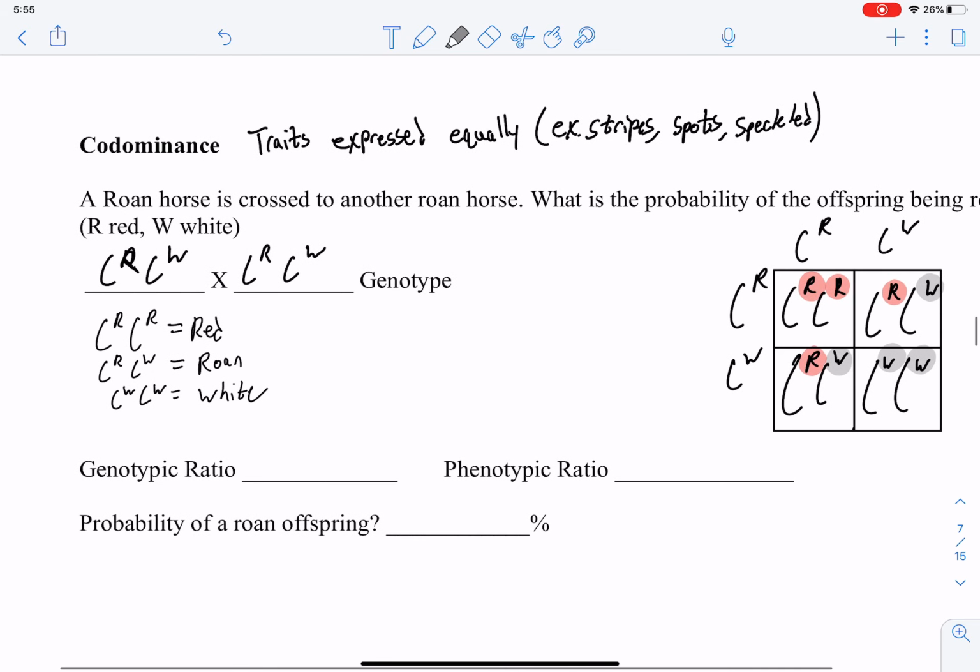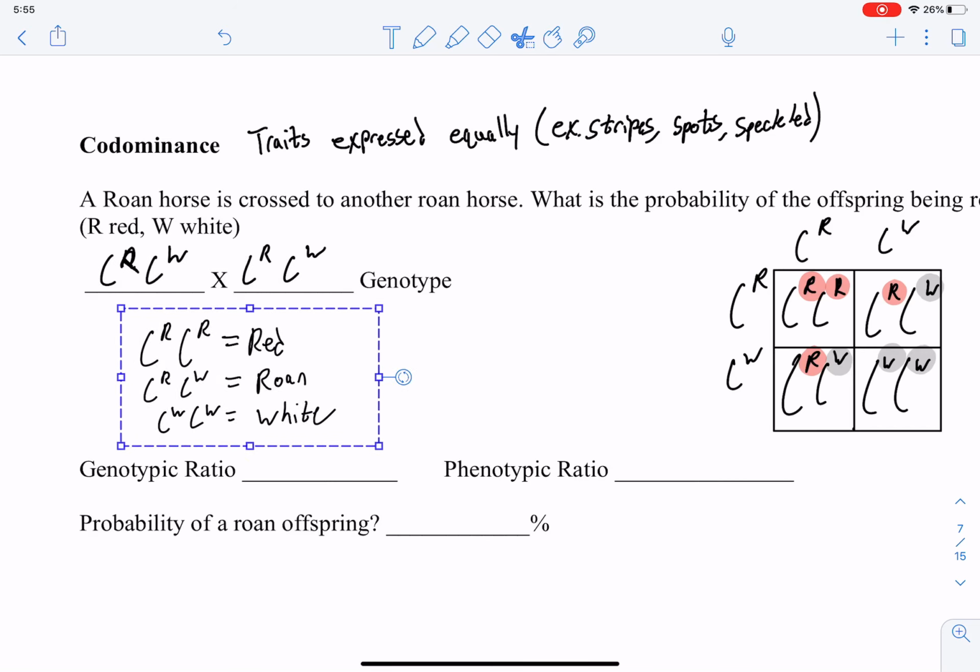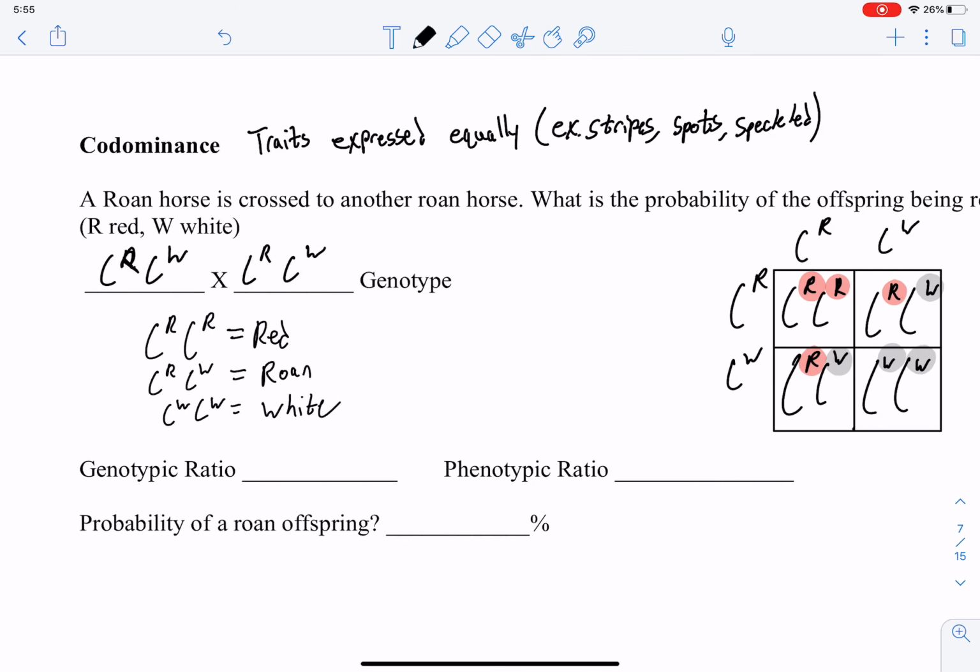So with that filled out, we can kind of figure out our genotypic ratios and our phenotypes. Right? So for CR CR, we have one of those. CR CW, we have two of those. And for CW CW, we have one of those.